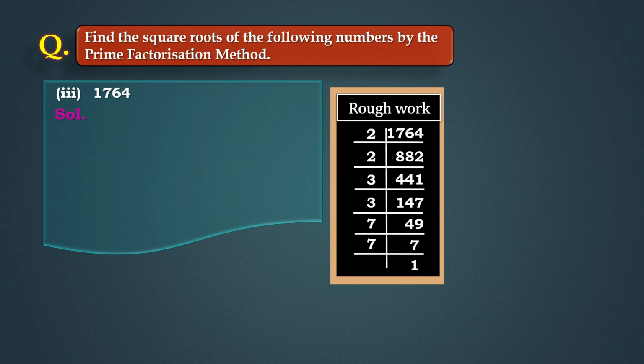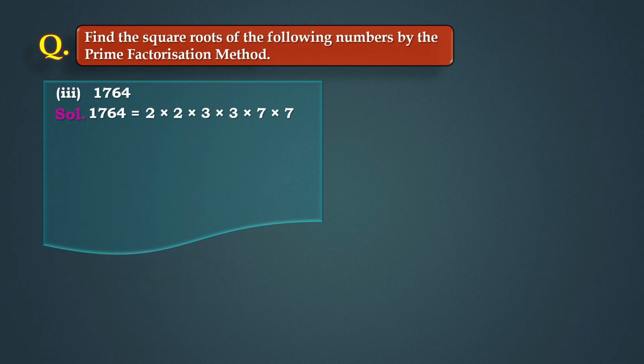So, we can write 1764 as 2 multiplied by 2, multiplied by 3, multiplied by 3, multiplied by 7, multiplied by 7. Now, let us make pairs of the same numbers. We can form one pair of 2s, one pair of 3s, and one pair of 7s. Next, take one number from each pair.